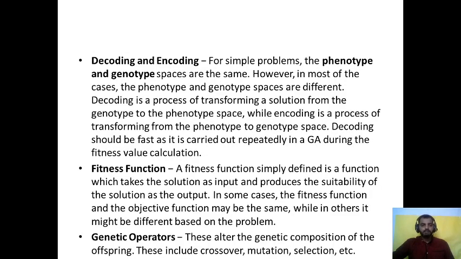The next one is with reference to decoding and encoding. For simple problems, the phenotype and genotype space are the same. However, in most cases, the phenotype and genotype spaces are different. Decoding is a process of transforming a solution from the genotype to the phenotype space, while encoding is a process of transforming from the phenotype to the genotype space.